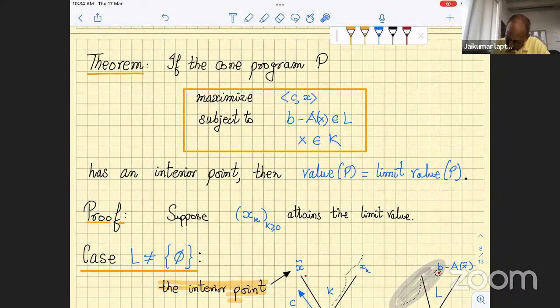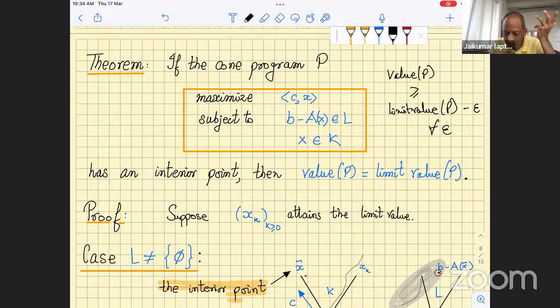So our goal will be to show that value of P is greater than or equal to limit value of P minus epsilon for all epsilon. From this, because the limit value of a program, if it is bigger than this for every epsilon, then it better be greater than or equal to limit value of P.